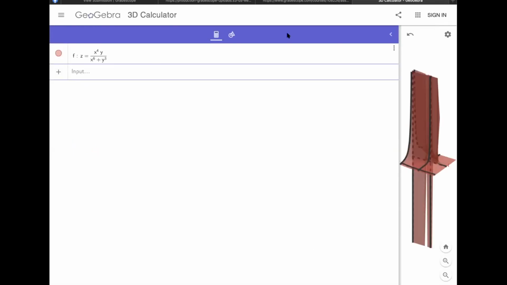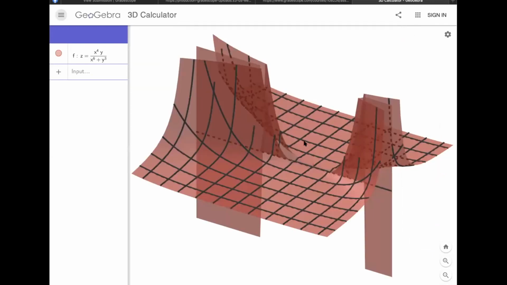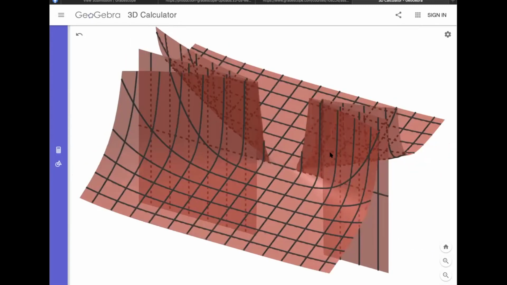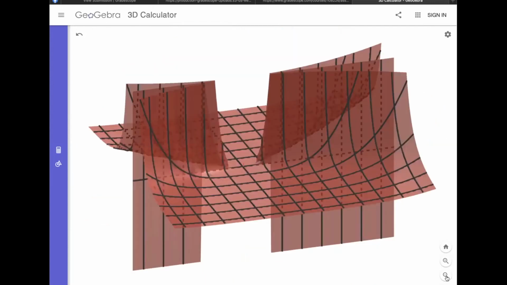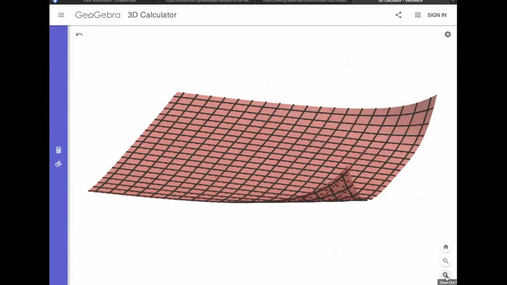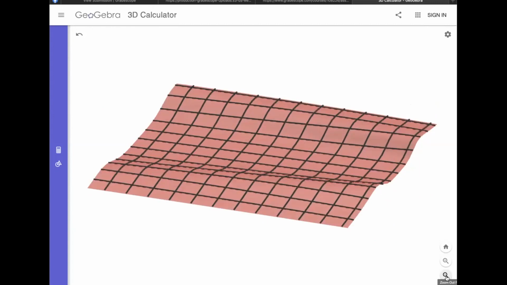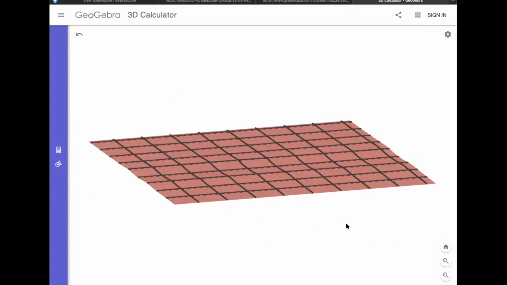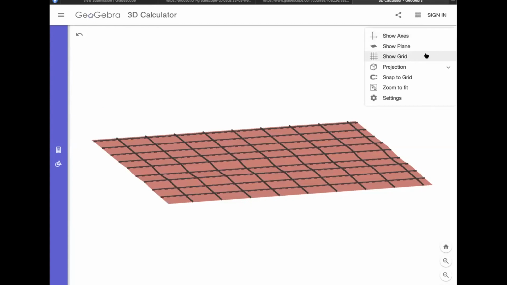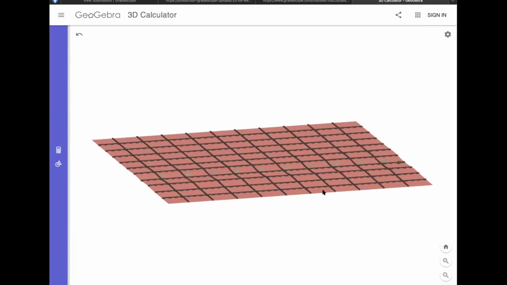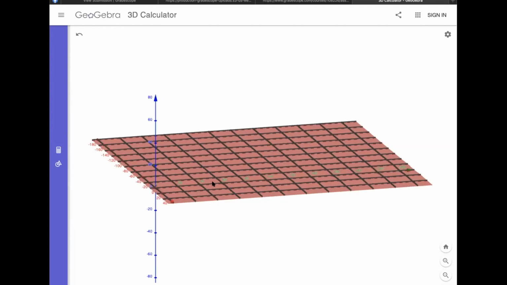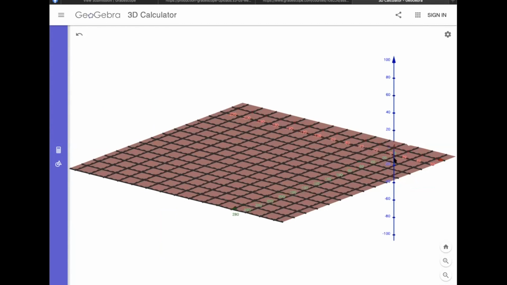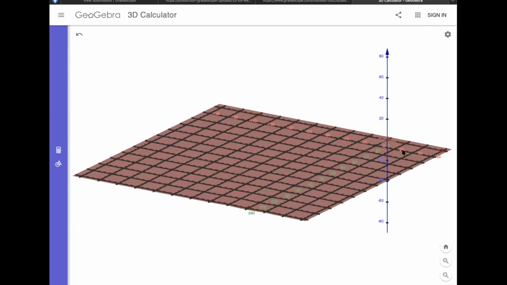Oh no, that's right. Let's see. Okay. This is stupid. This is not focusing on the origin.